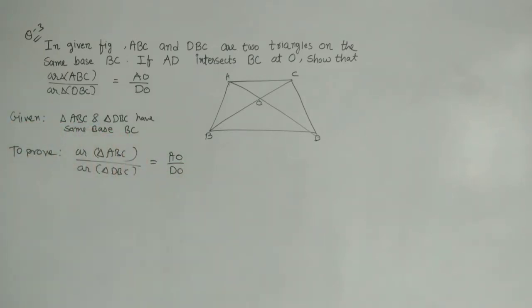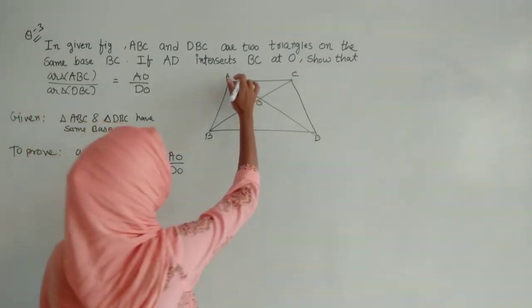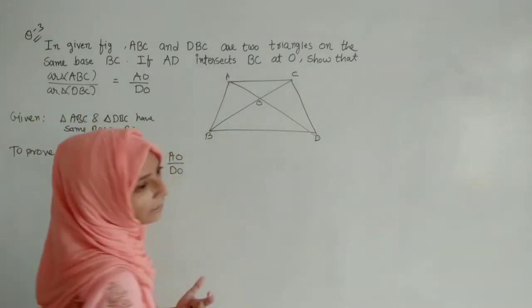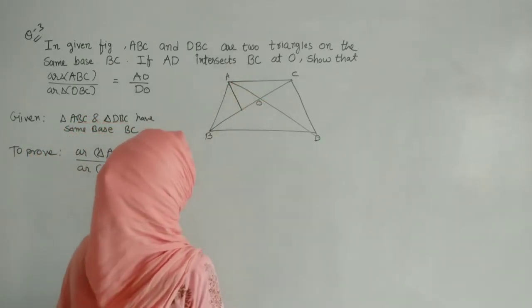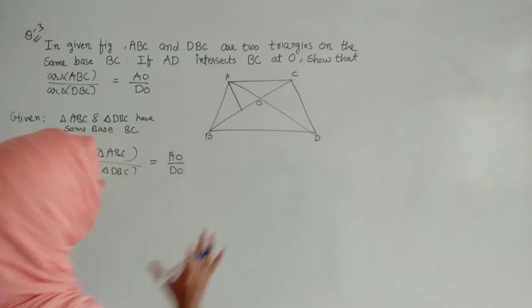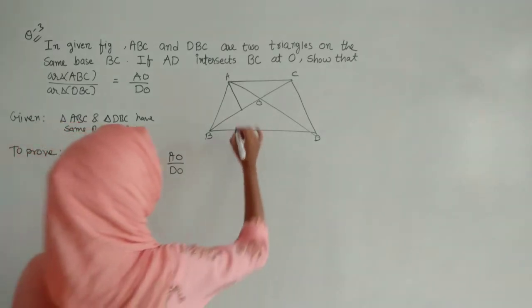So how can we prove? If we want area of triangle ABC, we need 1/2 into base into height. That is the sure thing. But here we will take one perpendicular because in this figure we can't see any perpendicular line.